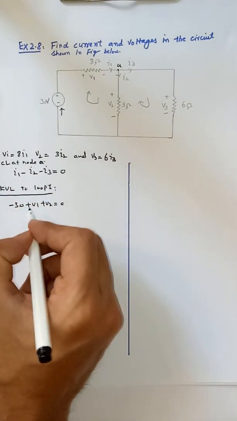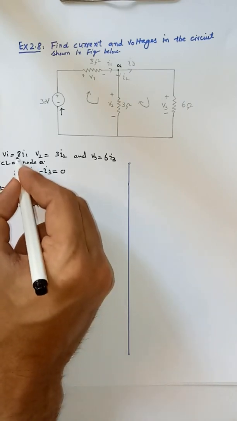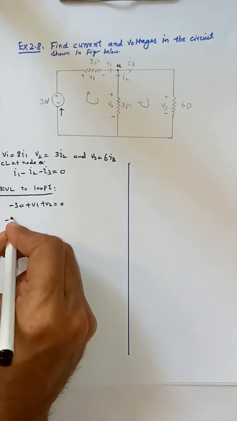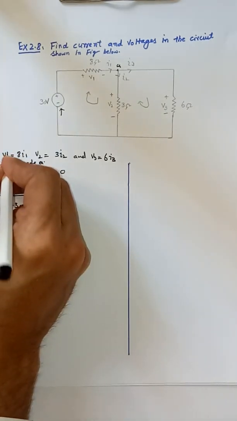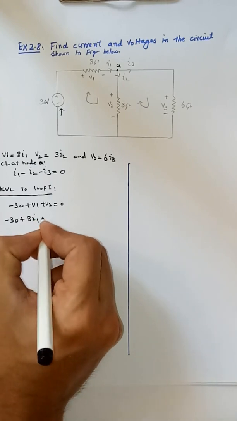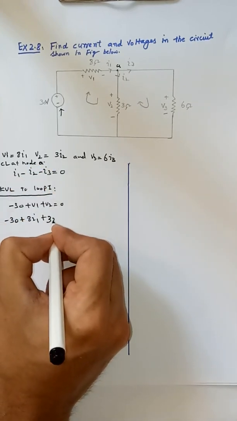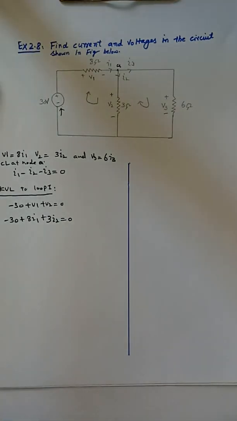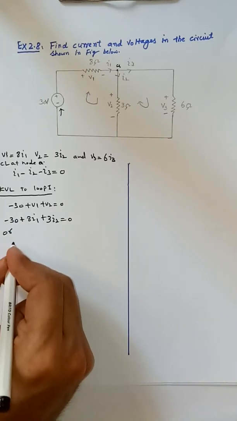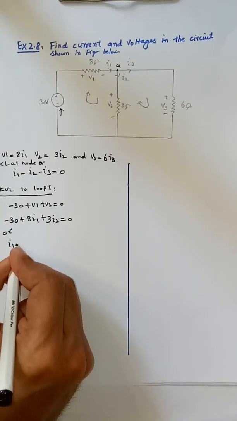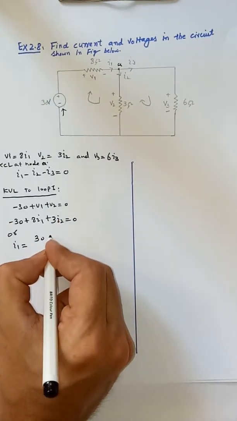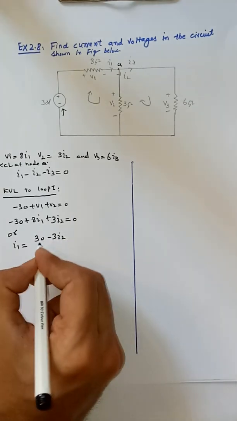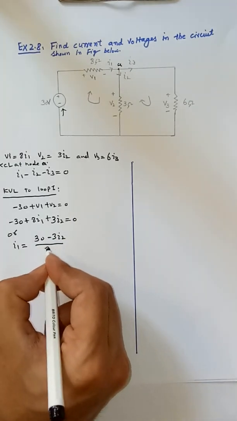Putting V1 and V2 here, we get minus 30 plus 8 I1 plus 3 I2 equals 0. Or we can simply write I1 equals (30 minus 3 I2) divided by 8.